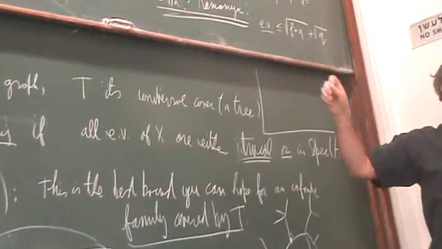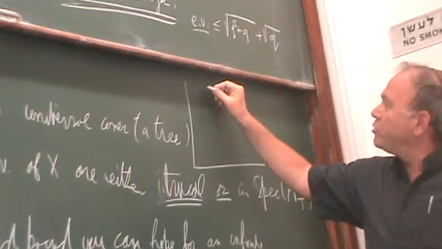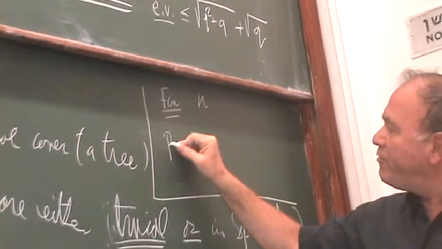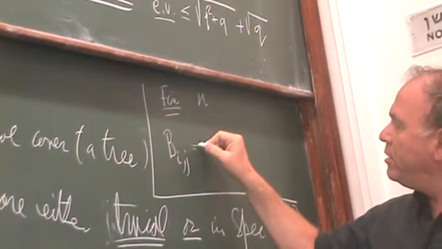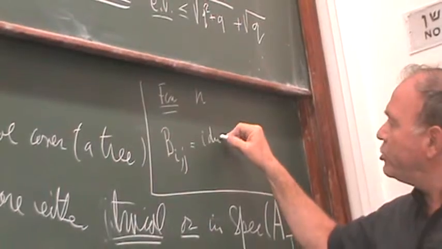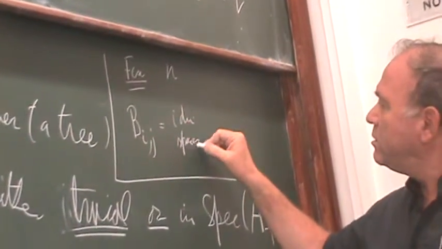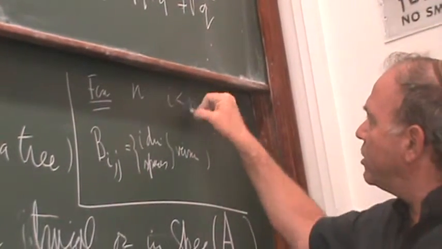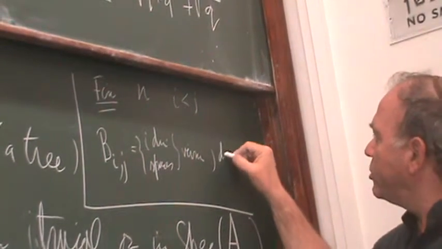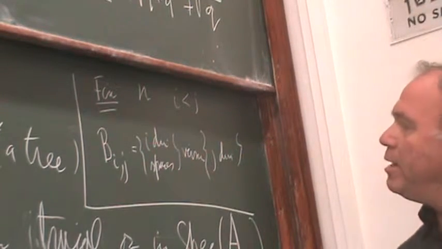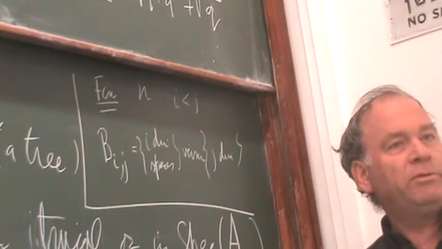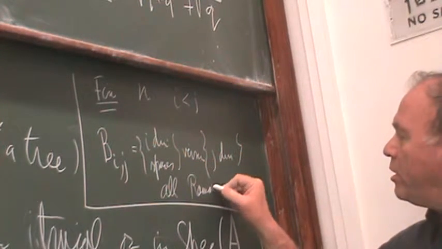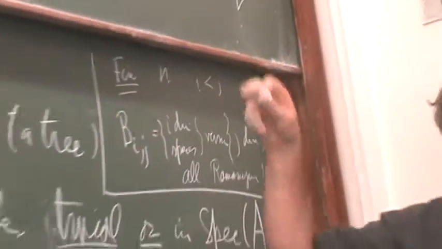But I have the feeling that if we fix n, and look at the graph B_ij, namely i-dimensional spaces versus j-dimensional spaces, let's say i less than j, it would be nice to know that they are all Ramanujan. So now we understand what we mean here by Ramanujan.